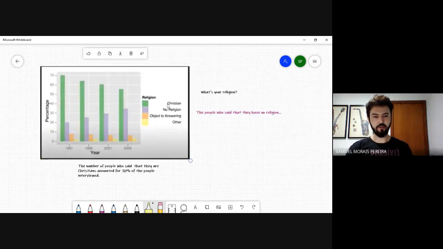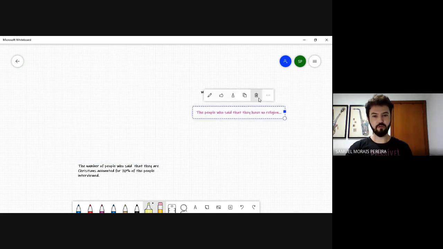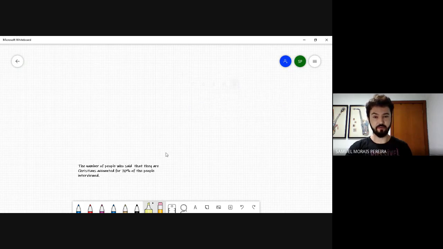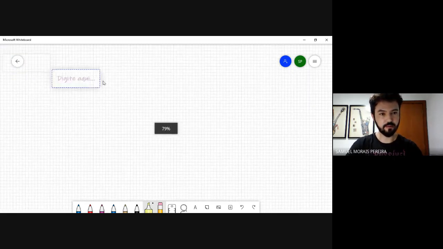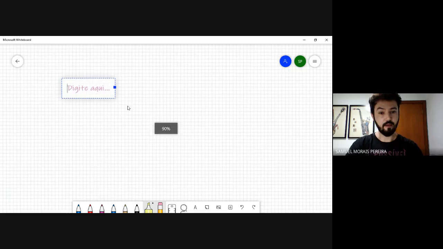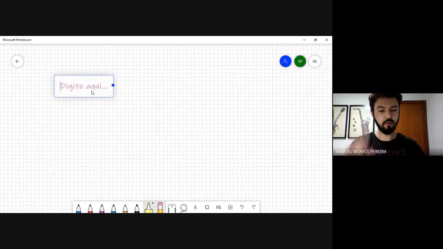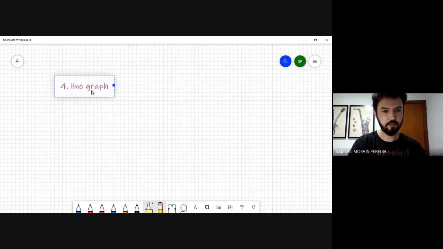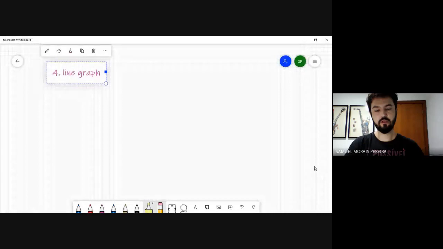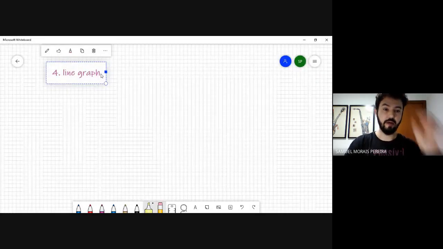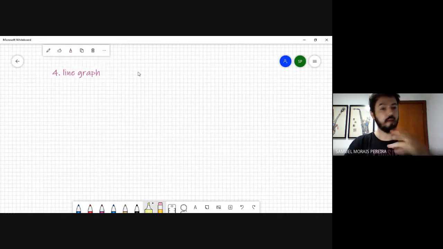Well, guys, so that's it. Okay. Now, moving on to the last type of graph. Okay. Último tipo de gráfico. So, just a moment. Let me make it a little bit bigger. There is another one called a line graph, okay? A line graph. As the name shows you, in a line graph, I have a line, okay?